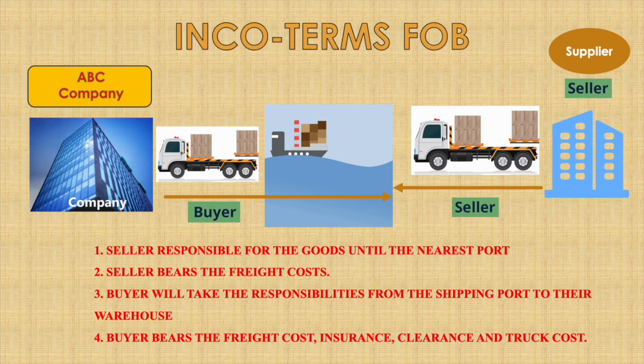From that moment, the buyer must pay for ocean freight, insurance, import clearance, customs duty, and final trucking to their warehouse. In summary, the seller's responsibility ends at the port of departure. The buyer's responsibility starts from the shipping port to their warehouse.